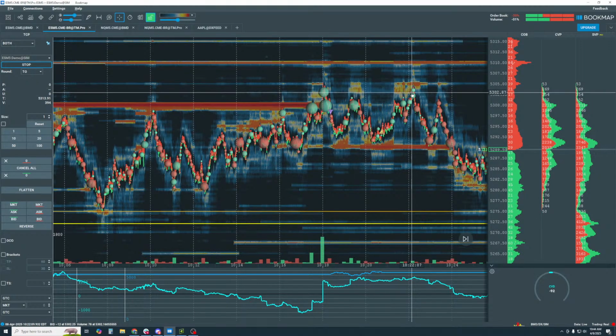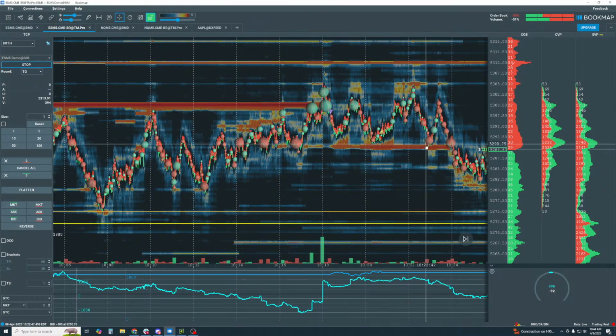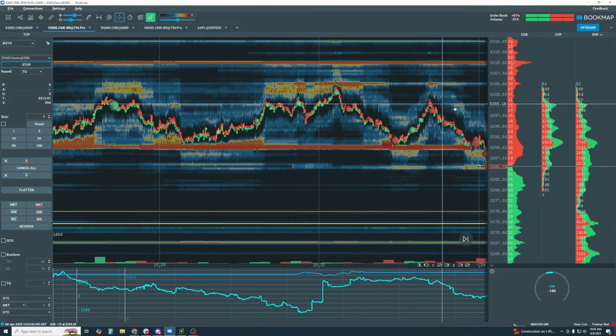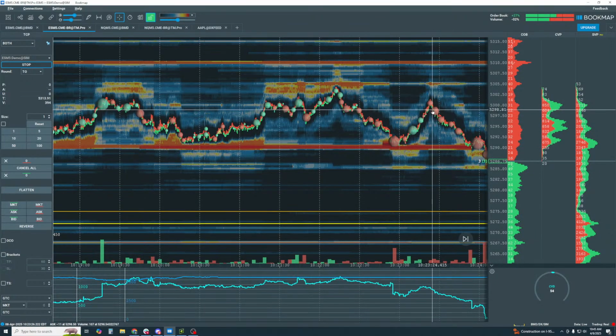This is as much as they can get. Okay, sellers come in, make a lower low. The buyers come back in, and we get the swing right back up. Okay, but we don't see those buyers, and then we're high now. Now we're looking for sellers. Sellers to at least take it back down to buyers' liquidity.